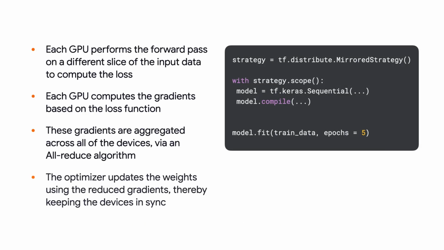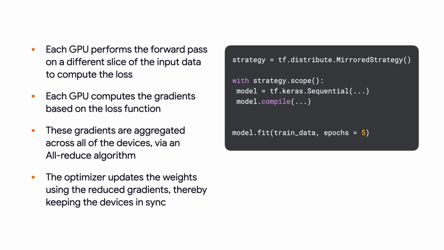What's more important to understand is the bigger picture of what happens when we wrap the creation of our model variables in the scope of mirrored strategy. Mirrored strategy will make a copy of the model on all of our GPUs. The CPU will prepare the tf.data dataset batches and send them to the GPUs.